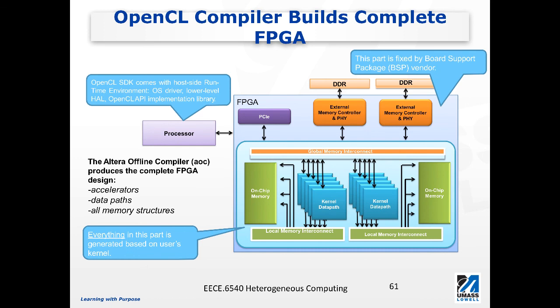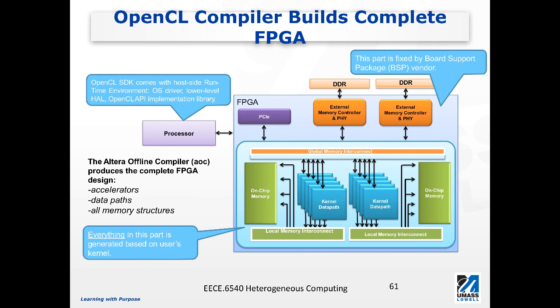After the OpenCL SDK completes the whole workflow, you will have binary compiled for the host side. Also, you will have the binary compiled for the FPGA. Now we're ready to execute this binary.